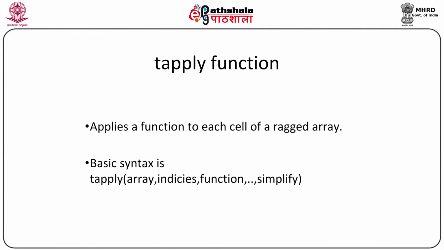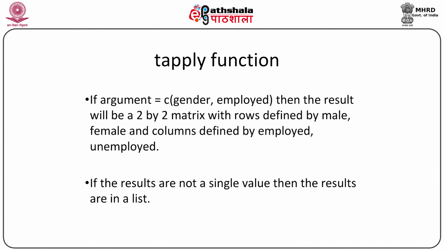Now let's discuss the tapply function. The function is applied to each of the cells which are defined by the categorical variables listed in the argument indices. If the result of applying the function to each cell is a single number, then the results are returned in a multi-way array which has as many dimensions as there are components in the argument indices.